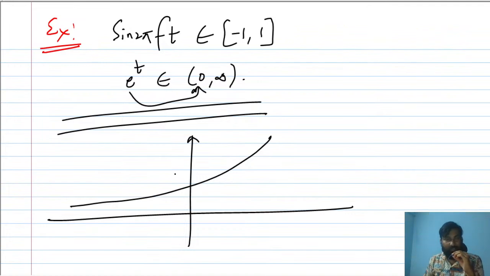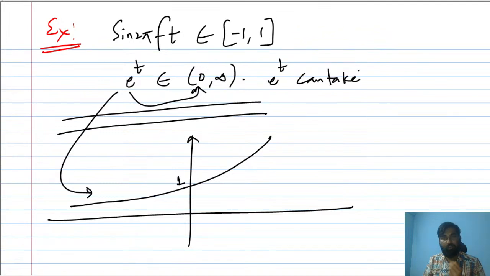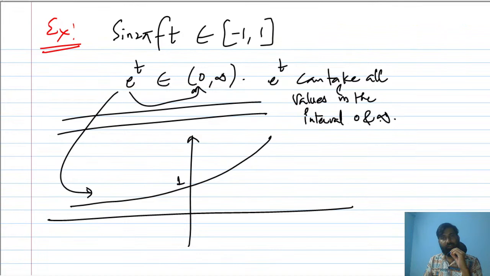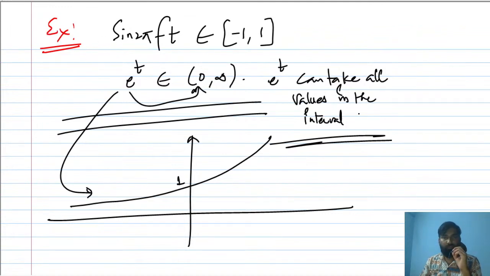It is 1 at 0. x(t) can take all values in the interval 0 to infinity.